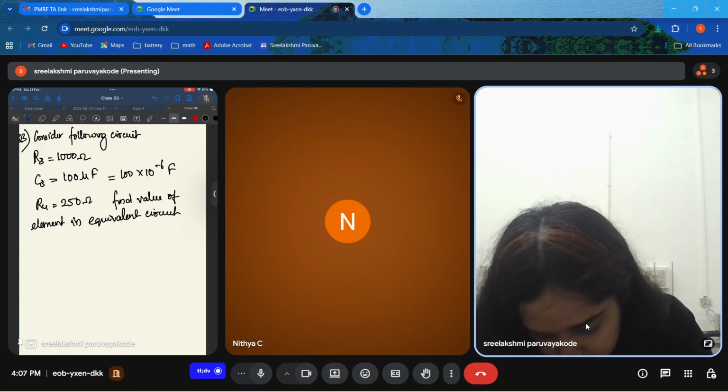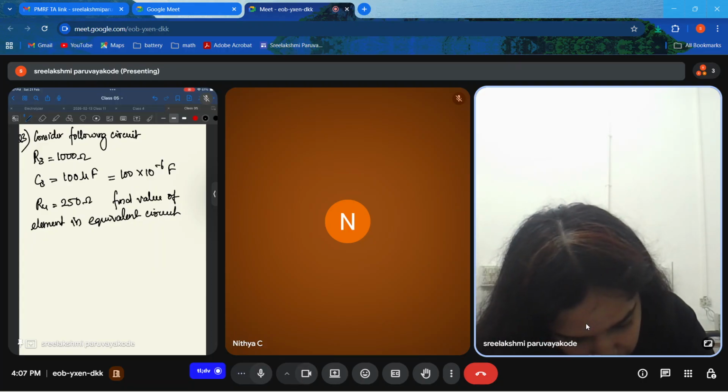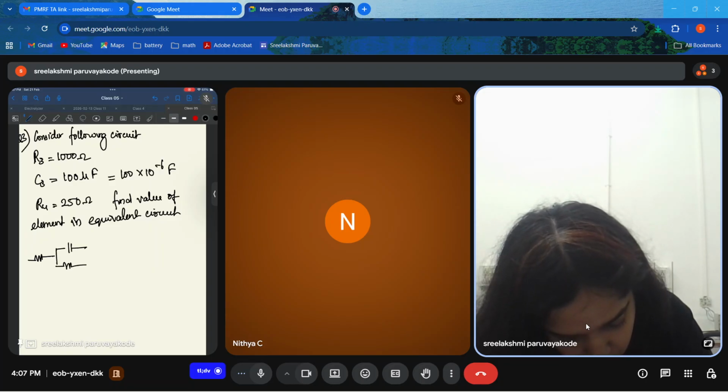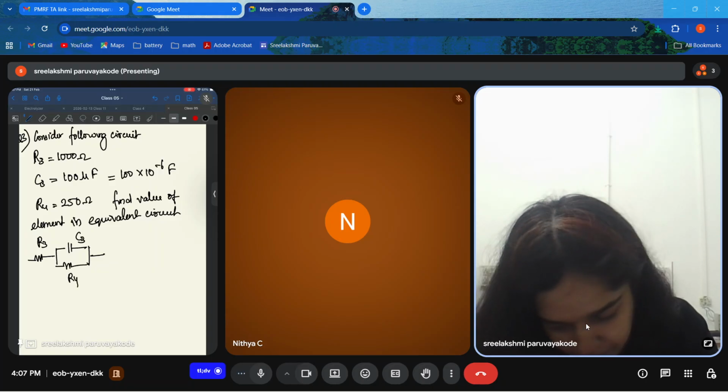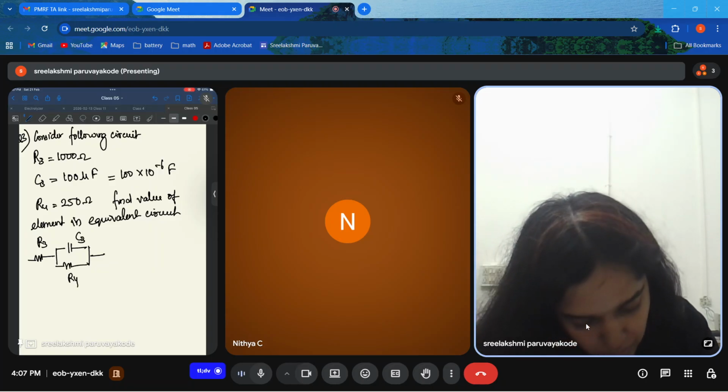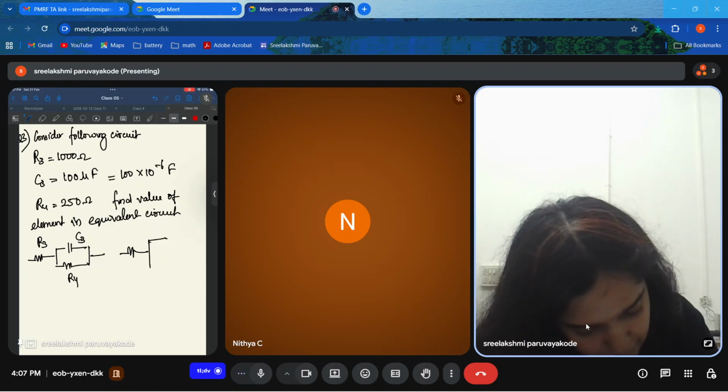Now let me plot. R3, C3, R4. These values are given. Now you have to find out R5, C6, R6.